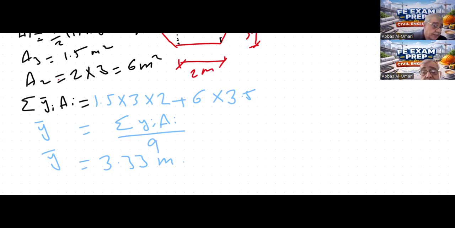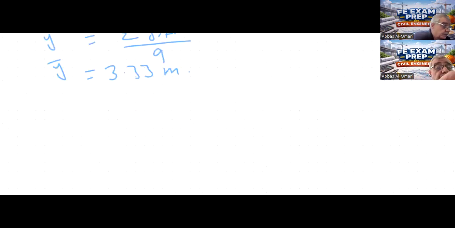Now we can calculate the pressure at the centroid. So P at the centroid equals gamma H, which is 9.81 kilonewton per meter cubed by 3.33. So this is the pressure, in kilonewton per meter square. We multiply it by the area of the gate, which is 9.